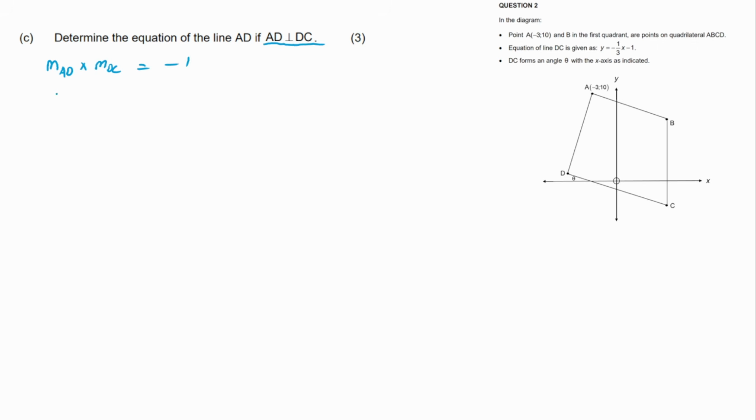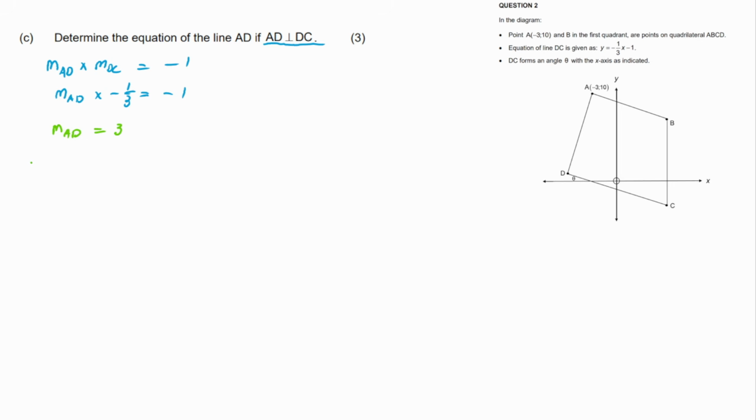We don't know the gradient of AD, but we do know the gradient of DC. That's minus 1 over 3. And we know this is equal to minus 1. So when we solve this, the gradient of AD is equal to 3.